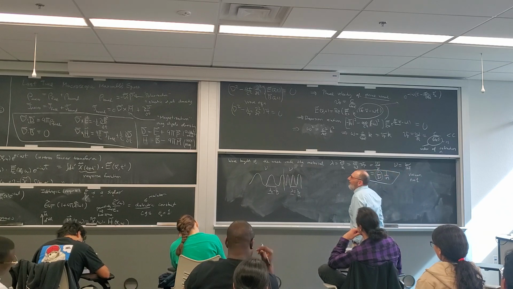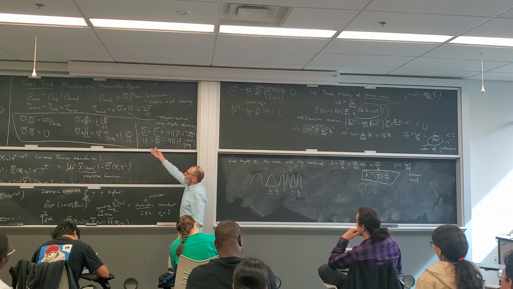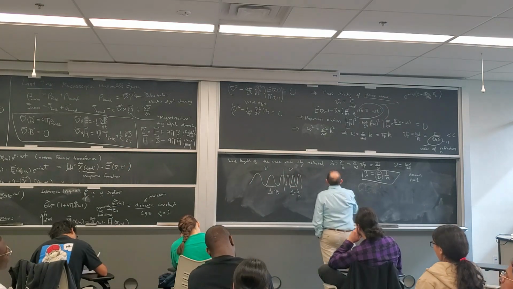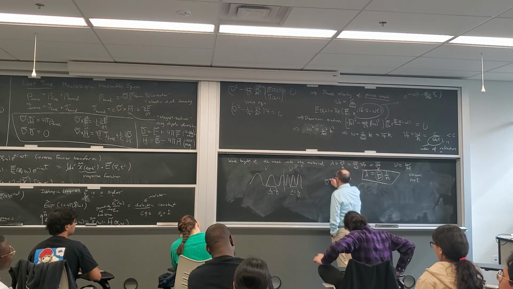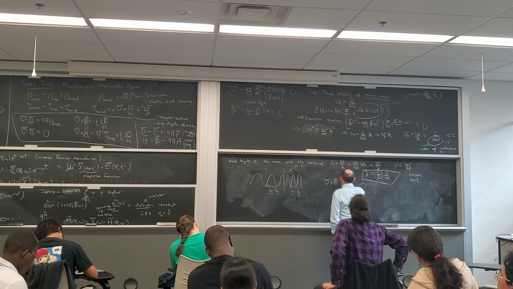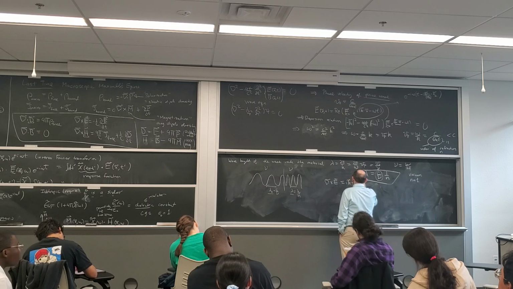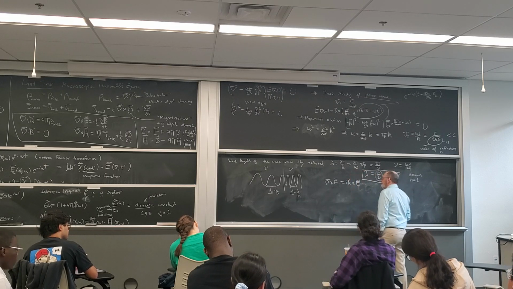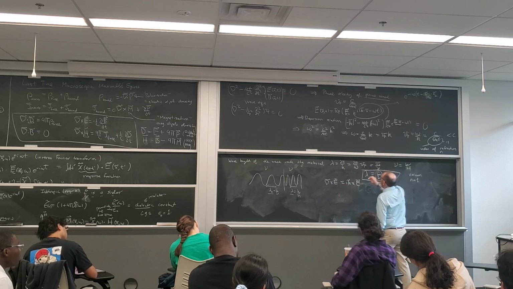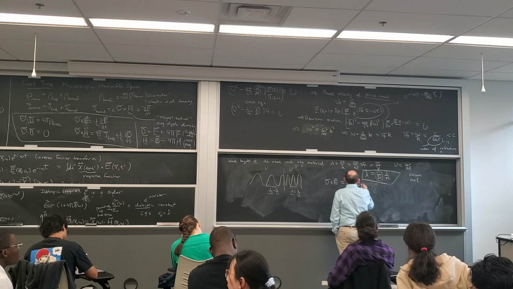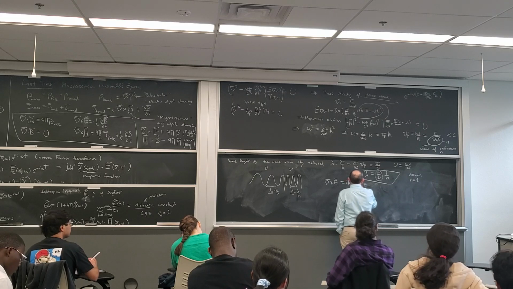So if we use the Faraday law, this tells me that del cross E is equal to i k cross E. For this, we're going to take the real part in the end.